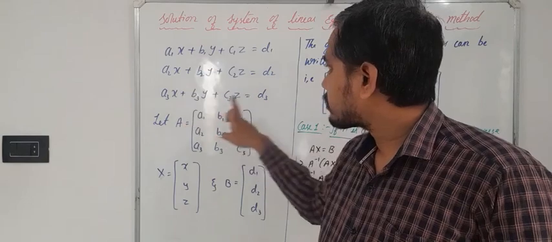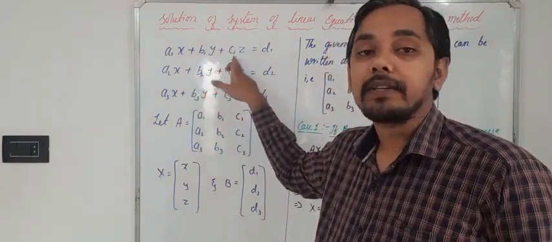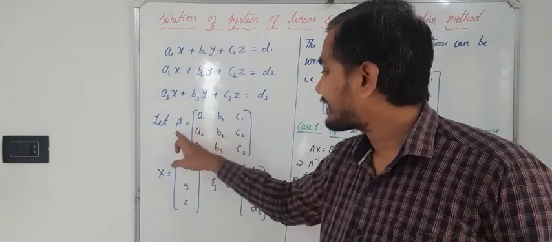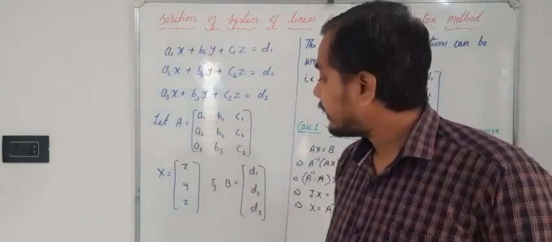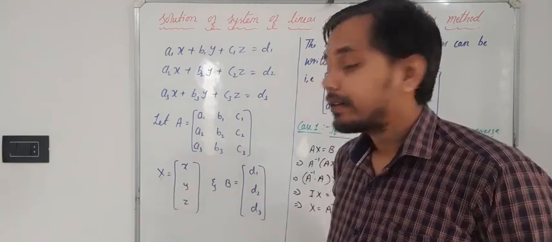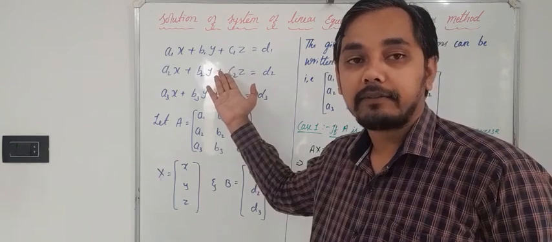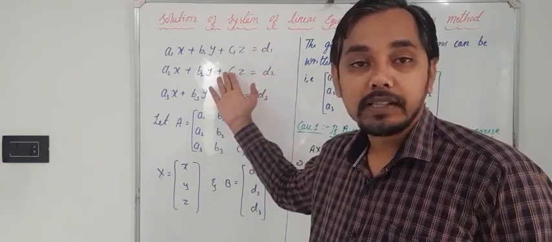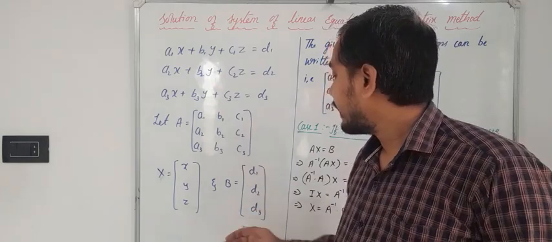The coefficients of these variables in this system of equations, we have considered as matrix A: a1, b1, c1, a2, b2, c2 and a3, b3, c3. And let X be another matrix. These are the variables which we have used in this system of equations, that is x, y and z. And what is B?